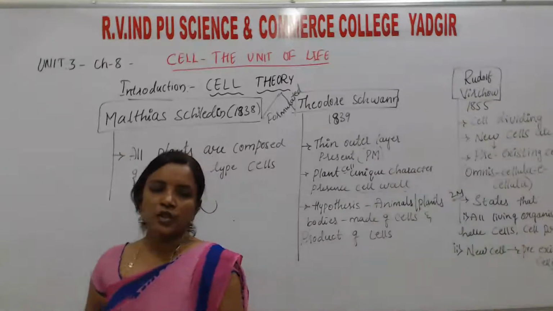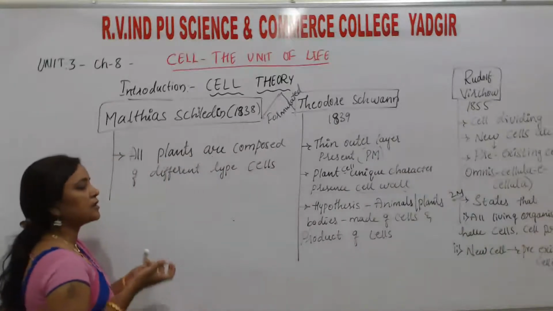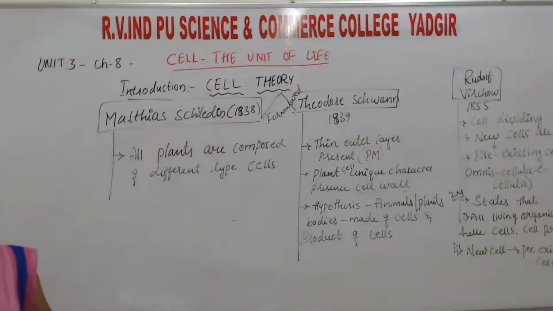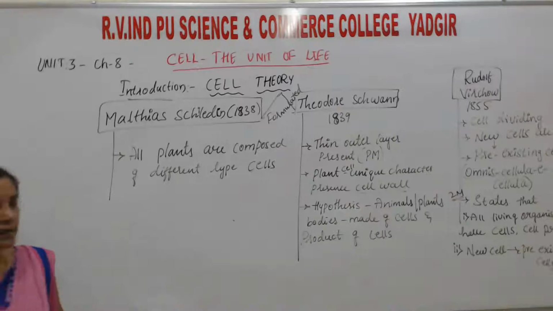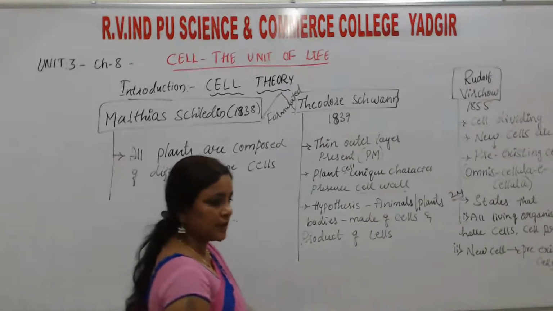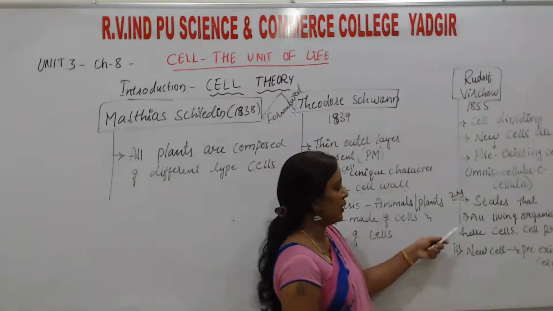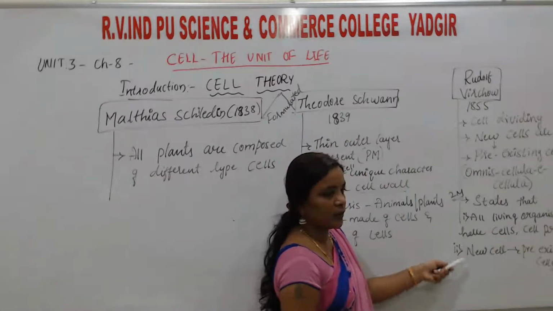So the question they may ask is what statement is given by the cell theory. Cell theory states that all living organisms are made up of cells and products of cells, and all cells arise from pre-existing cells. So this is very important. They may ask 1 or 2 marks, each point carrying half or 1 mark.